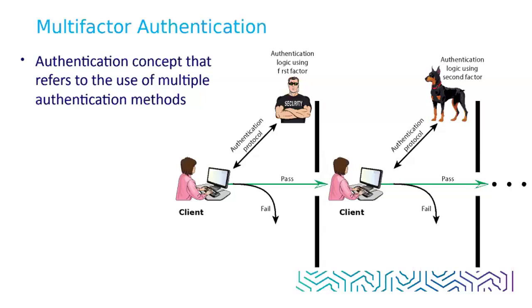That is why multi-factor authentication has become a best practice in modern cybersecurity, because it provides multiple layers of identity verification. Even if one factor is compromised, like a stolen password, the attacker must still overcome an additional authentication factor.